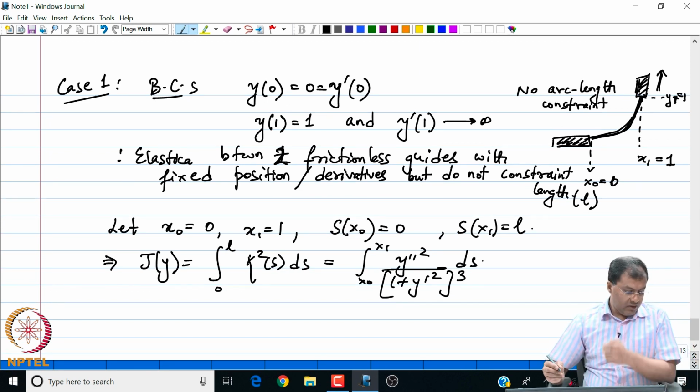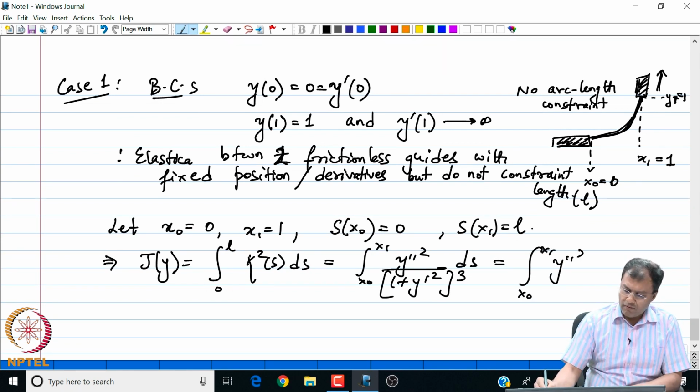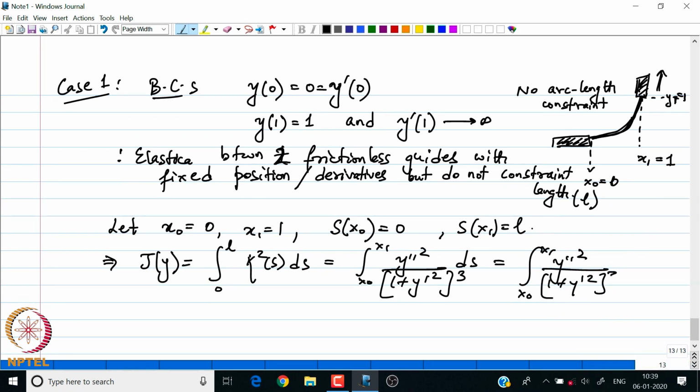Right now this integrand is completely in the Cartesian frame, so we can also replace the arc length element. This is equal to the integral from x 0 to x 1 of y double prime squared over (1 plus y prime squared) whole cube, times square root of 1 plus y prime squared, dx.